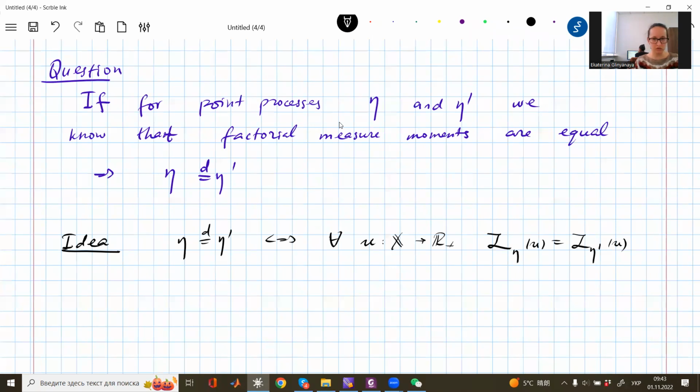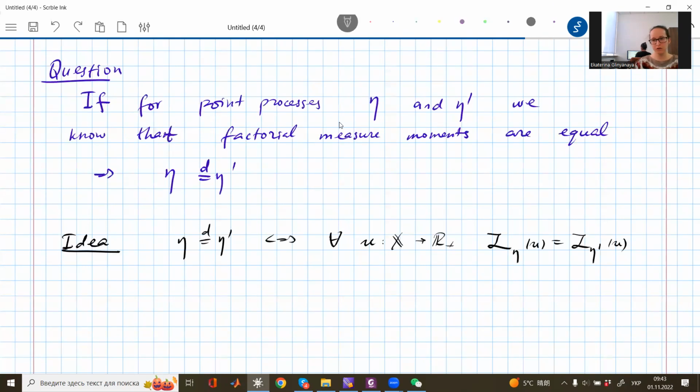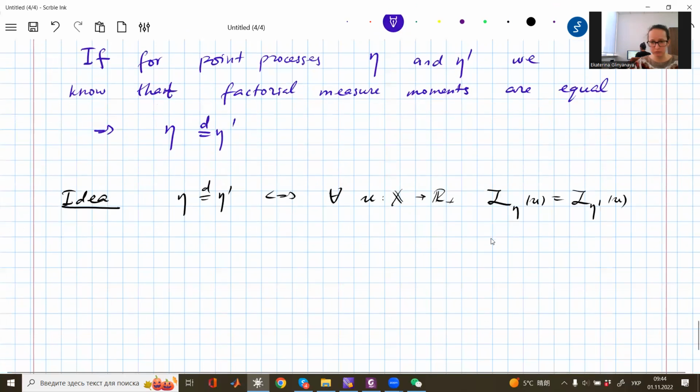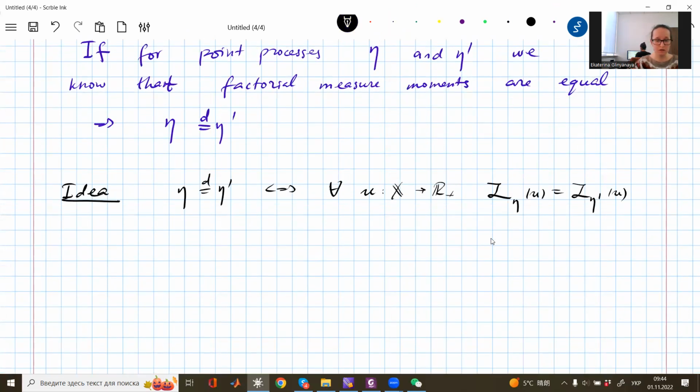So this was the second lecture. You can check this. So now the idea is how we can represent this Laplace transform for point processes using just factorial measures. And for this, we will see that we can decompose into a series some special Laplace transform. So let us formulate this as a lemma, the following result.